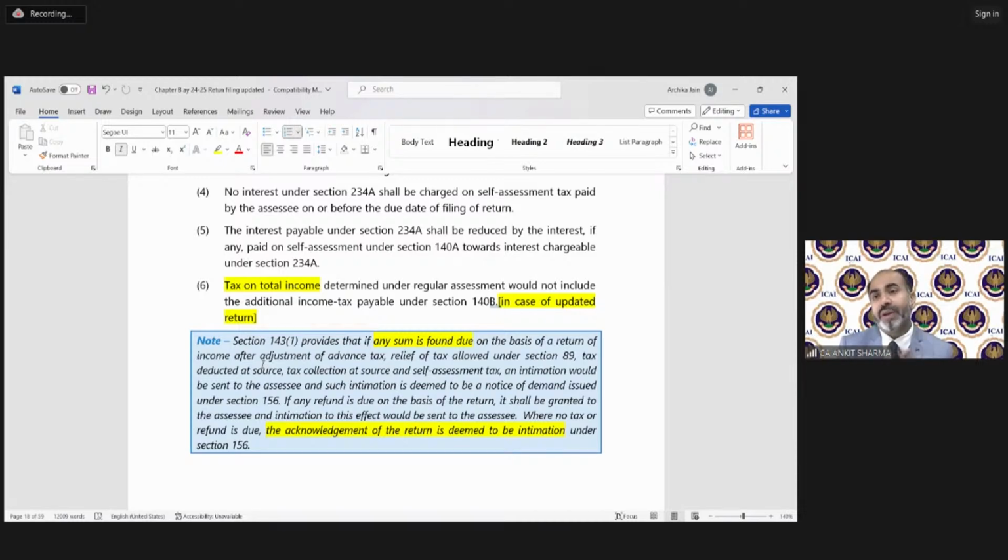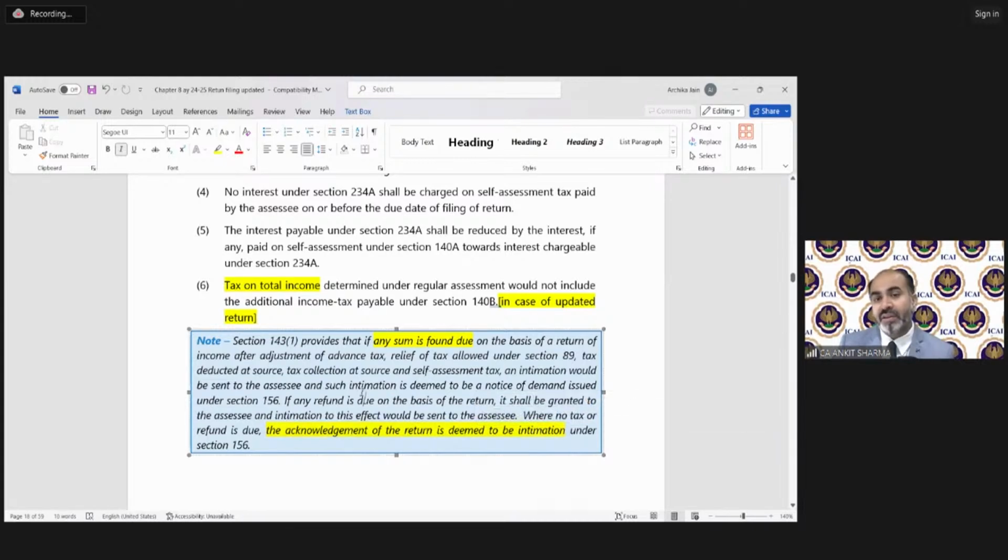And if your tax is 10,000 and your TDS has been deducted 11,000, that means your tax has been overpaid. Then department will issue an intimation that you have 1,000 rupees as refund and they will transfer that amount into your bank account. But suppose if your tax was 10,000 and you deposit exactly 10,000, in that case, the acknowledgement of the return will be the deemed intimation.